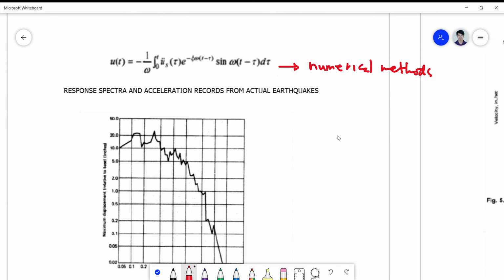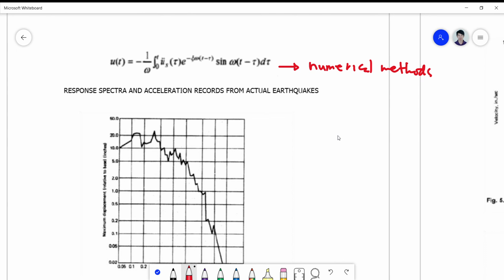But if you have the instruments, you have the lab, and of course, this cannot be done overnight. You have to really compile records before you can do it experimentally. So that's the biggest problem of response spectrum creation.